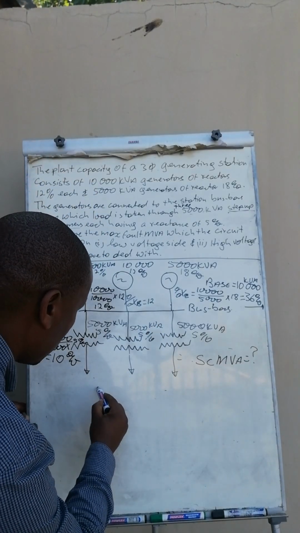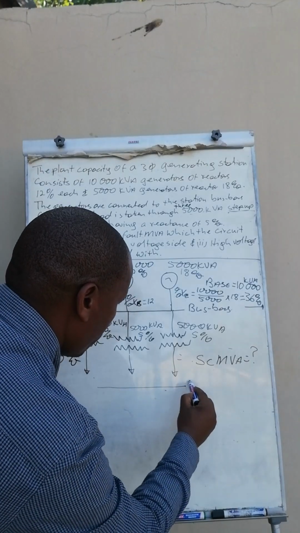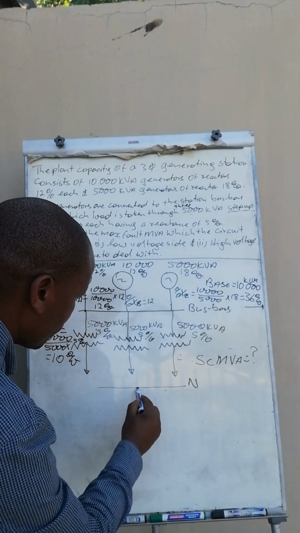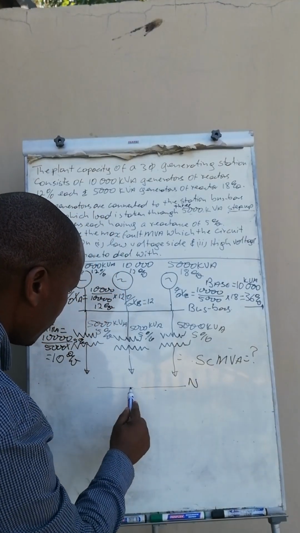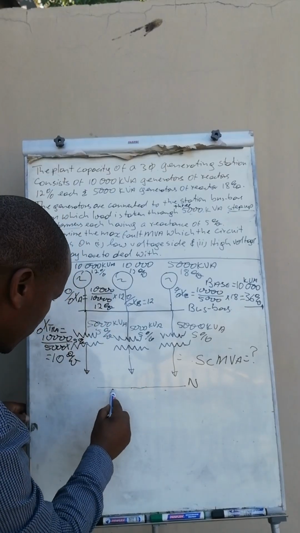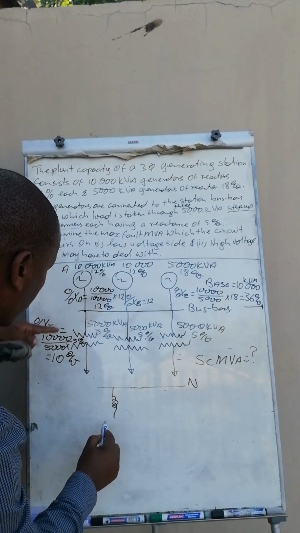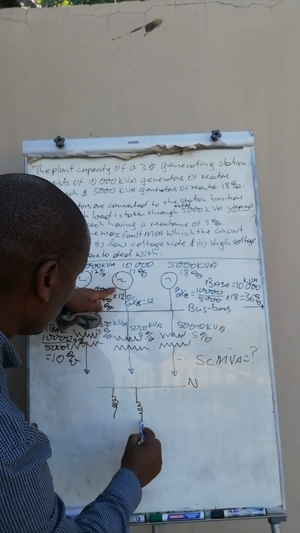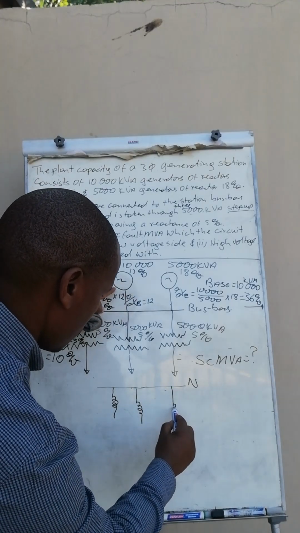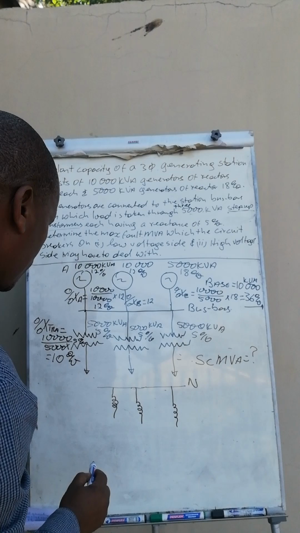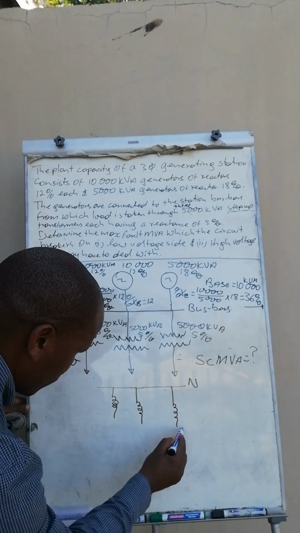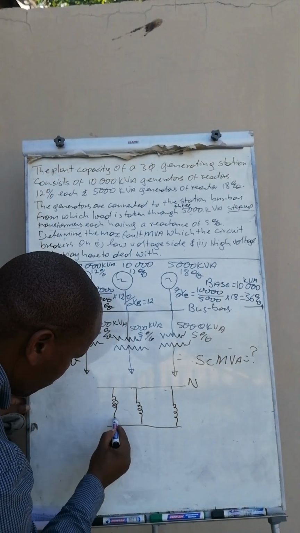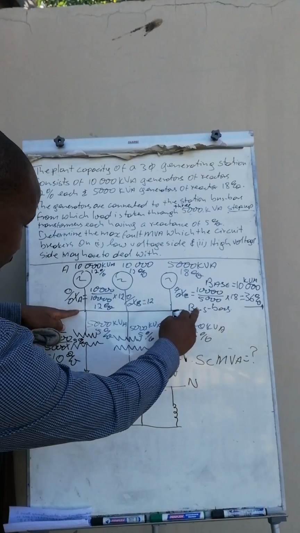Now, let's say, for instance, this is my neutral. And then we're going to have these lines, and of course this is your bus bar there.